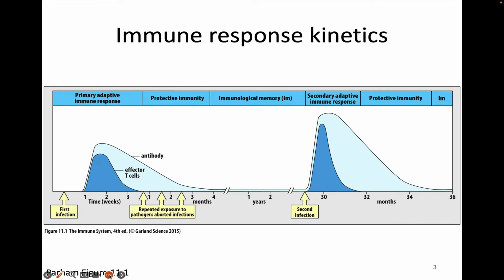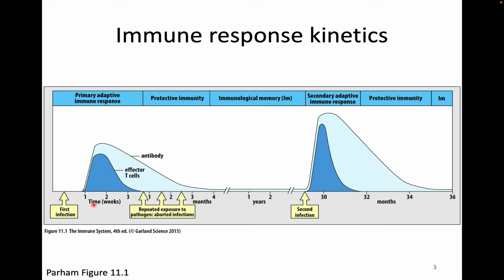You can also see a version of this same plot when you look at this figure from your textbook. So we can see that we'll have our first infection with some microbe, and there will be a delay before we have our adaptive immune response of both effector T cells and antibodies coming from plasma cells that will eventually clear that microbe.